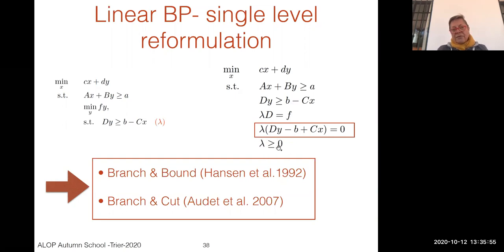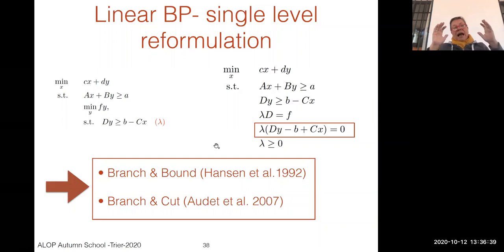Plus, of course, the non-negativity constraints on my dual variable lambda, since they correspond to inequality constraints in the primal. So these are the constraints of the dual of this LP, and the other constraints are the complementarity constraints. I remind you what the complementarity constraints mean: each time, either the constraint is tight, so it is an equality, so this is 0, or the corresponding dual variable, the lambda i corresponding to that constraint, is equal to 0. Okay?